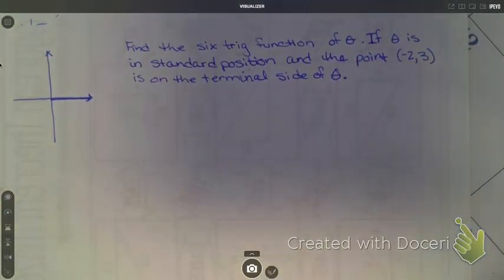So find the 6 trig functions of theta if theta is in standard position and the point -2, 3 is on the terminal side of theta.